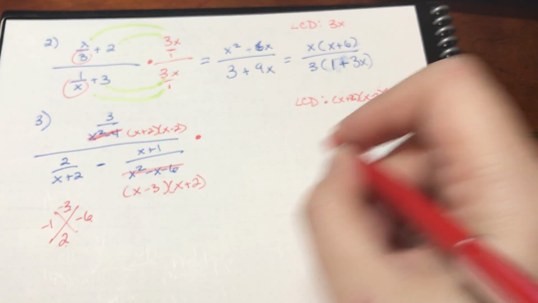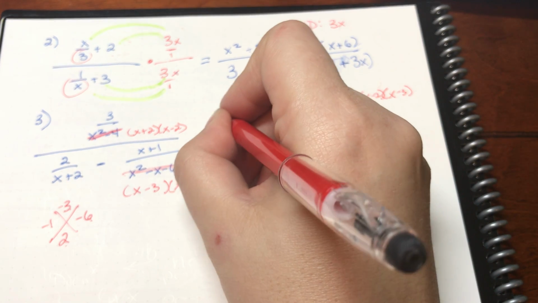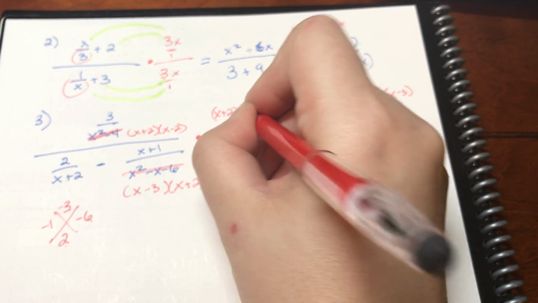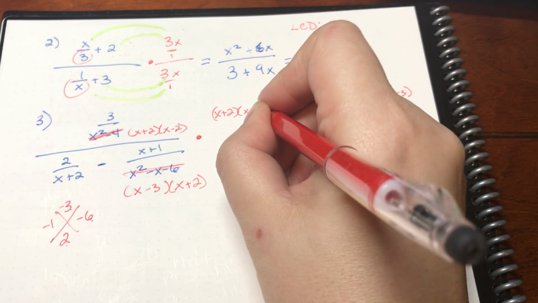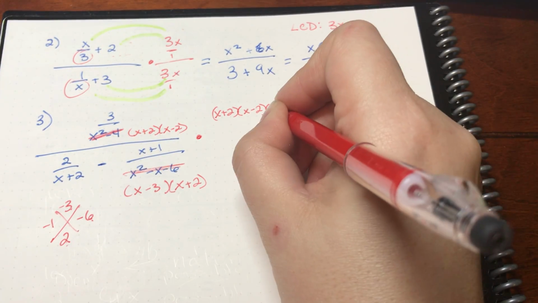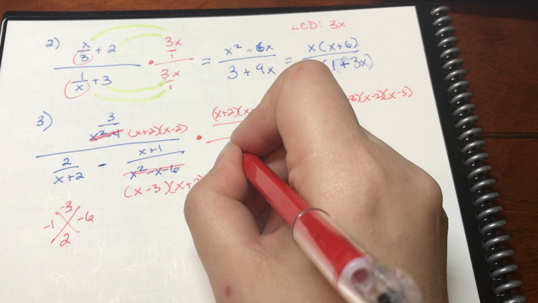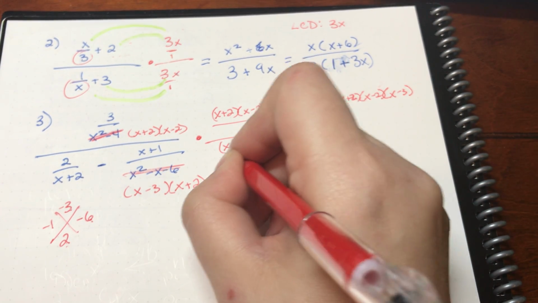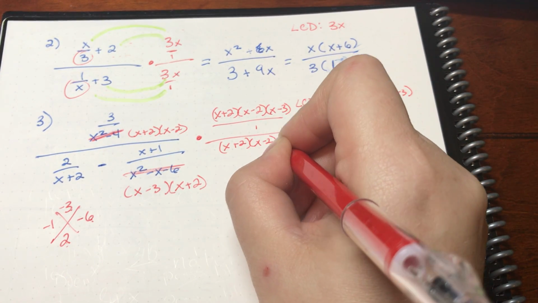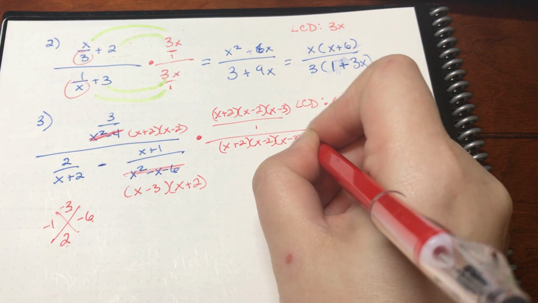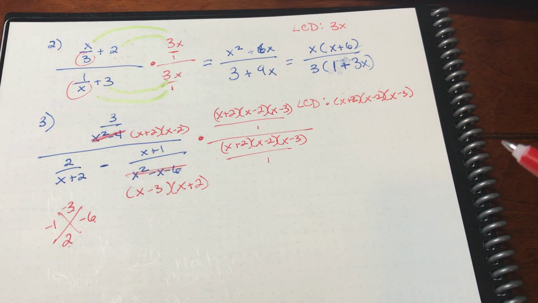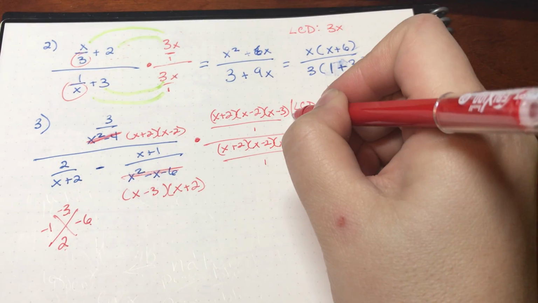So now I'm going to multiply this by x plus 2, x minus 2, x minus 3 over x plus 2, x minus 2, x minus 3. I can put that little 1 there.